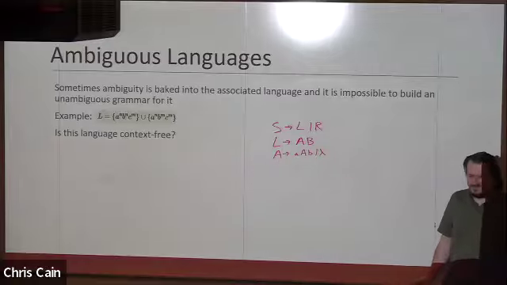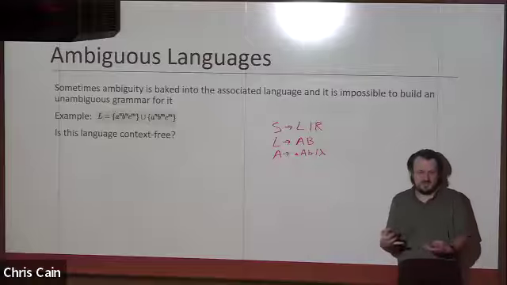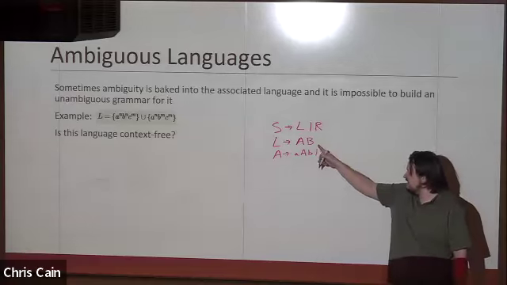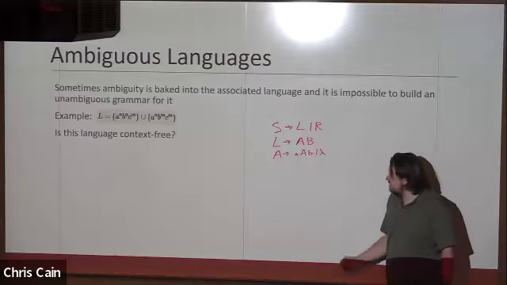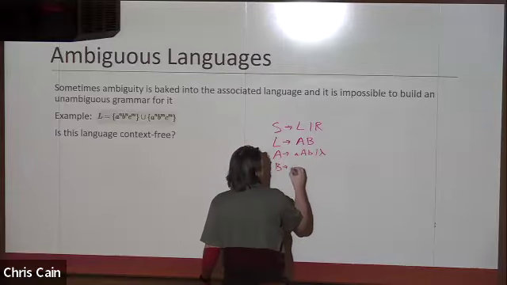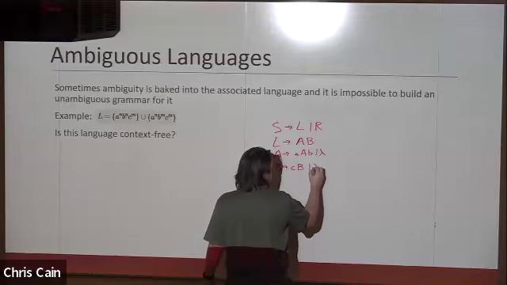But whenever we see an A, we have to see an associated B, and where we recurse is in the middle of that, so that we have at the end the same number of A's as B's. B is going to represent our C's, and it happens after all of these A's and B's. So B would just recurse into allowing for a C followed by more of them or none of them.